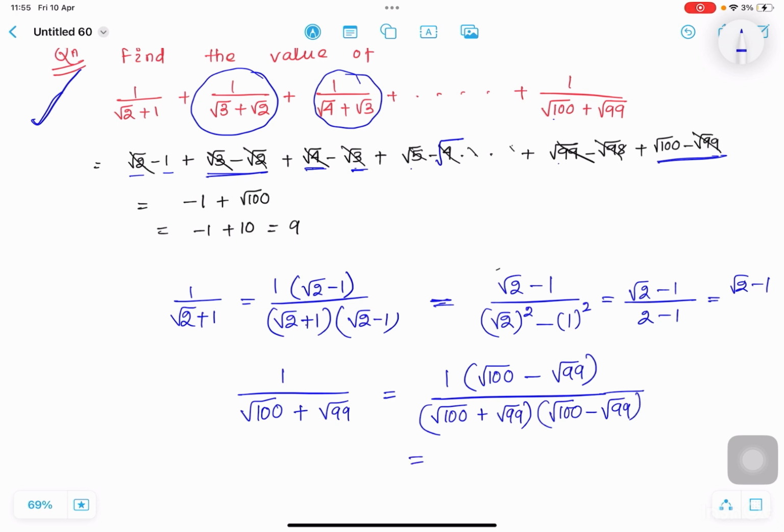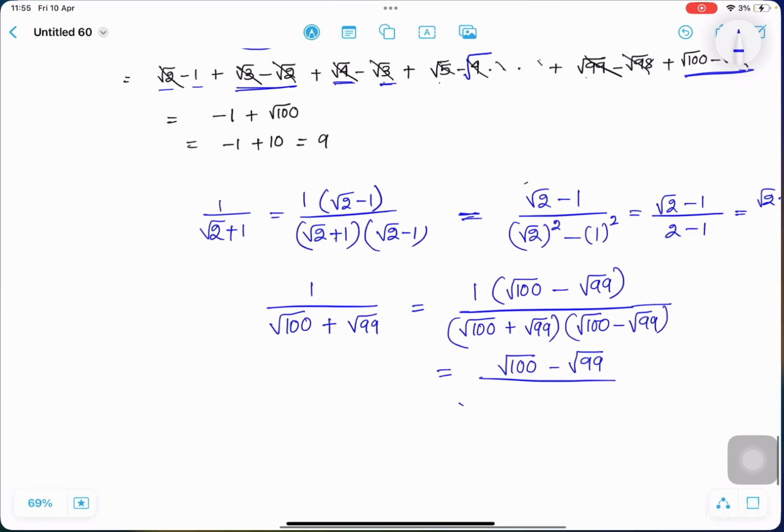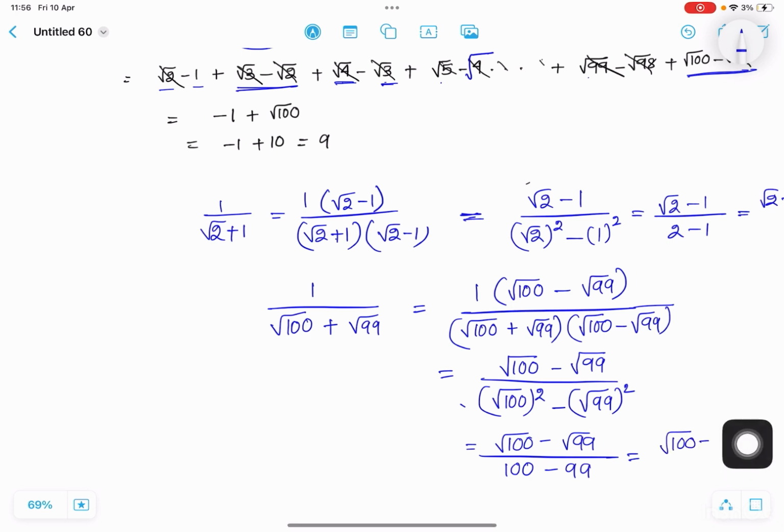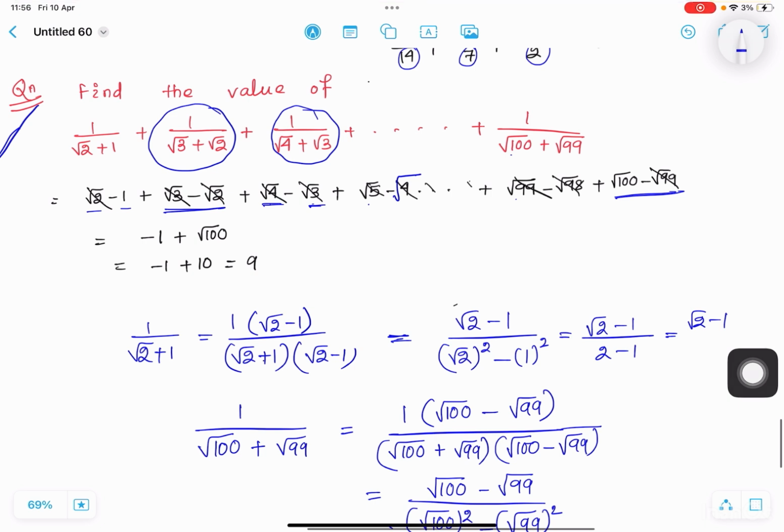So I can write root 100 minus root 99 divided by root 100 square minus root 99 square. So it will be 100 minus 99, that is 1. So we got root 100 minus root 99. That I have written. So this is a shortcut.